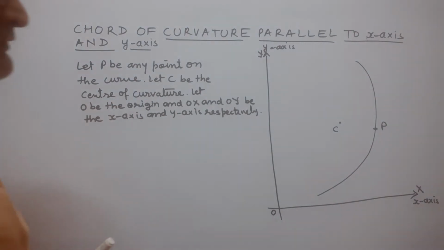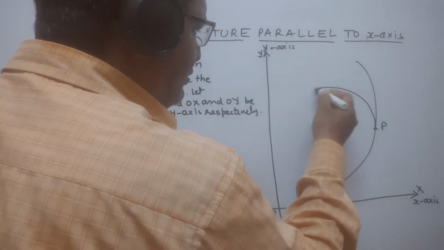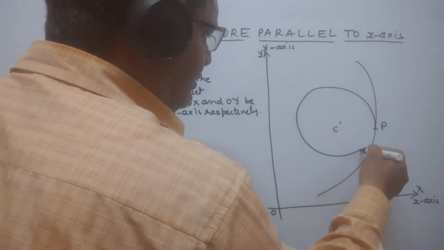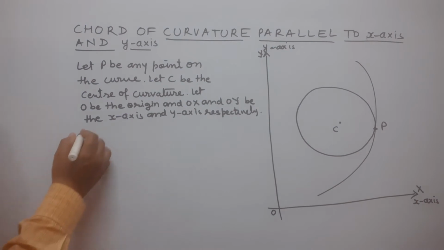So we can draw a circle of curvature whose center is the center of curvature, and here CP is the radius of curvature.